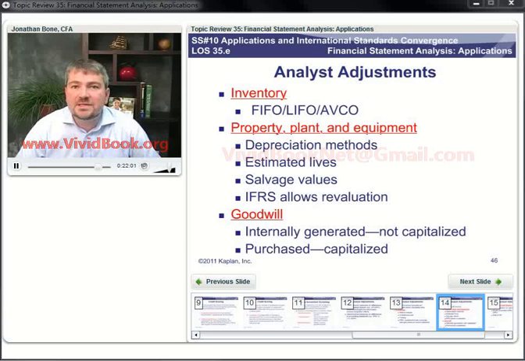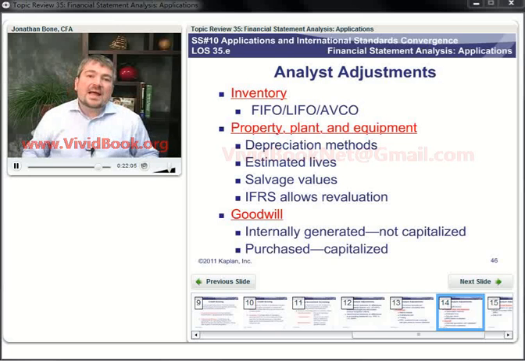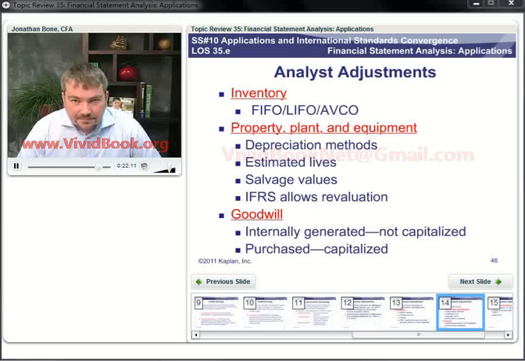at the assumptions that they've used, such as estimated life, salvage value, and again there's another huge difference here between US GAAP and international accounting standards, and that is IFRS allows you to revalue plant, property and equipment and intangibles to market value and take the unrealized gains and losses into your stockholders' equity. In other words, rather like an available for sale security, US GAAP does not.